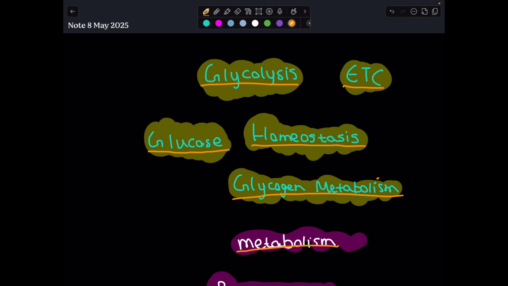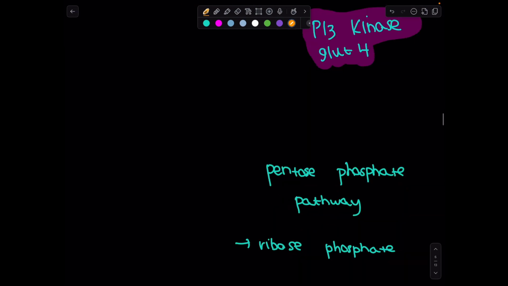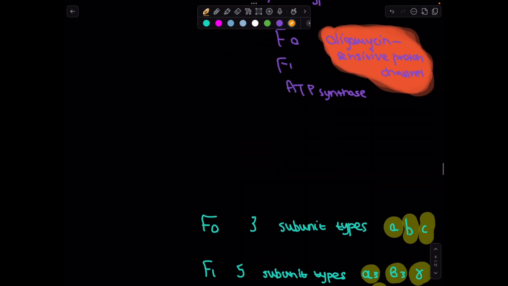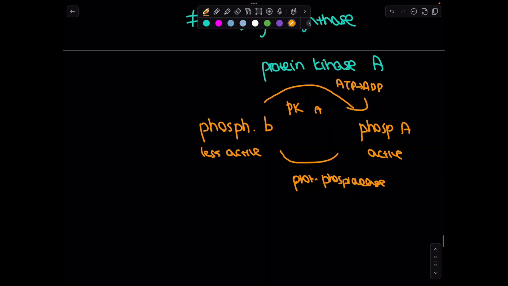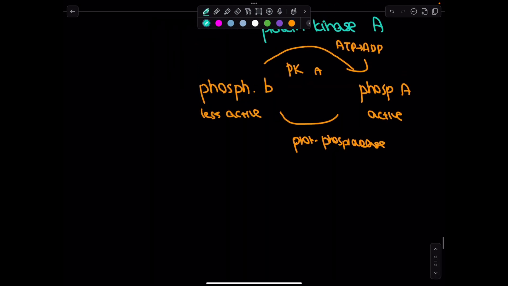Okay, no, that's okay. I want to ask you about uncoupling reagents. All right, let's talk uncoupling reagents. Uncoupling reagents disrupt the proton gradient across the mitochondrial inner membrane, preventing ATP synthesis by ATP synthase.